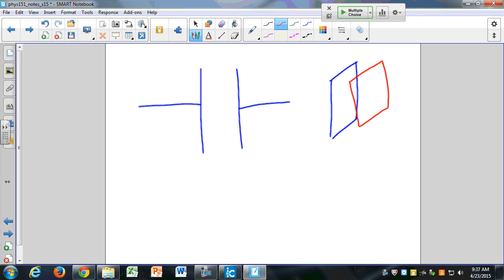They have a certain area, and they also have a certain distance by which they're separated. So I have an area of the plates here, and then I also have the distance by which they're separated. The capacitance measures the device's capacity to store charge.